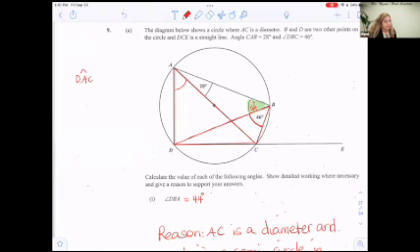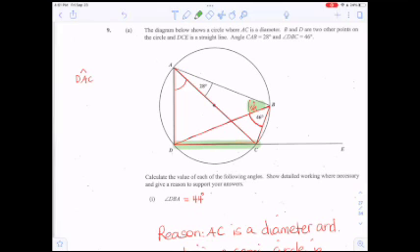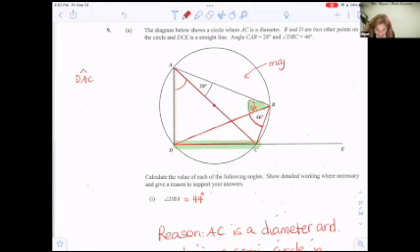Remember, the chord separates the circle into two parts, a minor segment and a major segment. You all remember that? So this is the chord here. And this big piece here is the major segment. And this small piece here is the minor segment.